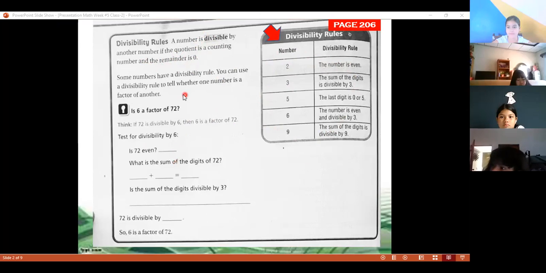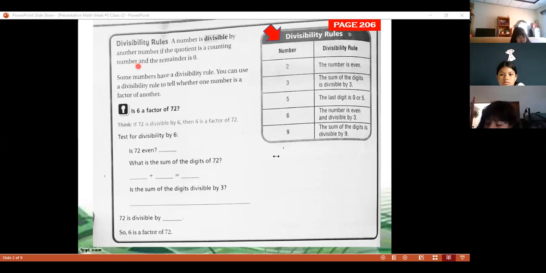Remember, even numbers are, like you say in Spanish, números pares, even numbers. Like what? Number 0, number 2, number 4, 6, 8, 10, and you continue the list. Numbers that can be divided, or are divisible, by 2.